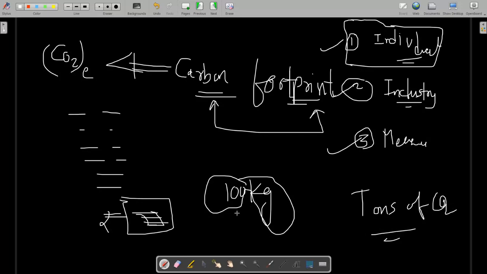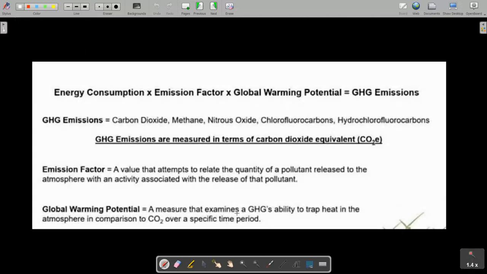So how do we calculate the carbon footprint? This is the equation for GHG emission. First, energy consumption. In our case we are using electricity, driving vehicles, and using cooking oil and cooking LPG.